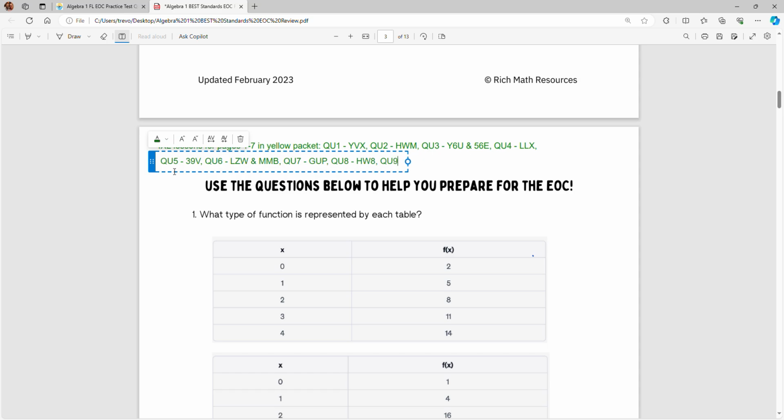Question 9. An easier version would be N55. And then a little bit closer to the question, 6PC and AW7.